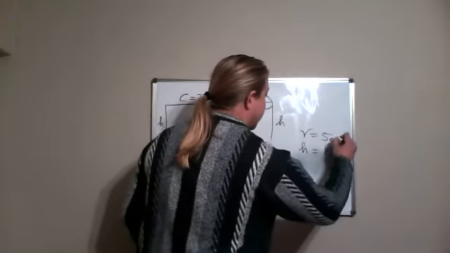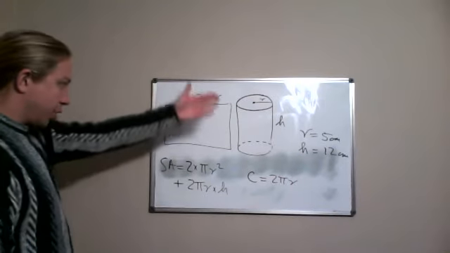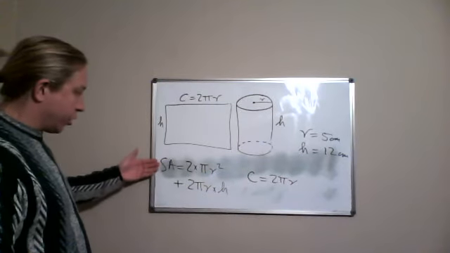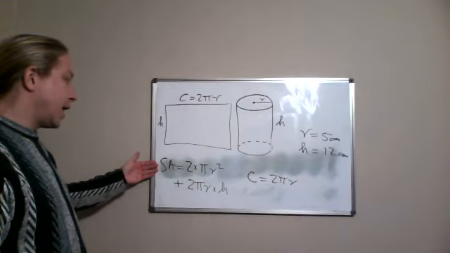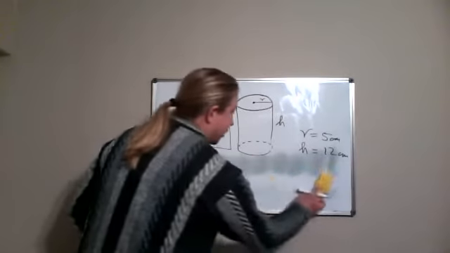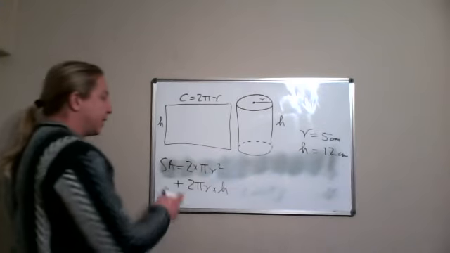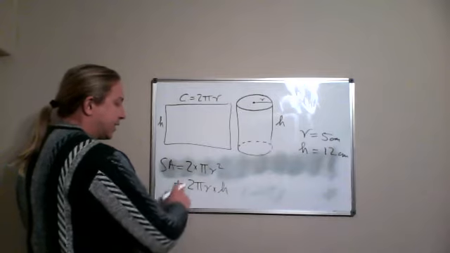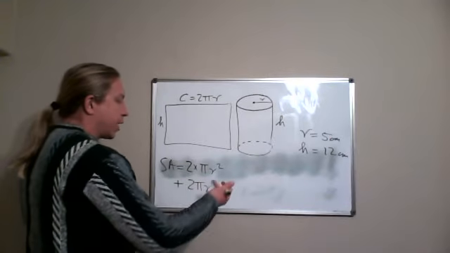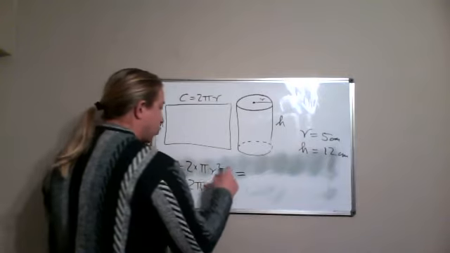Let's put centimeters here. Right, so what I'm going to do is use the same setup. I'm going to go straight to this formula over here and fill in the values that I have. Okay, so obviously you guys can do it from scratch. I don't mind, but you can work these out separately and add them together, or you can go in one go. So this equals 2 pi r squared.